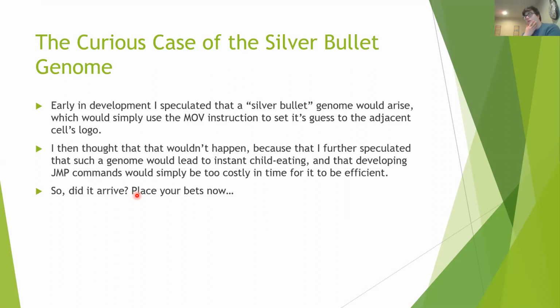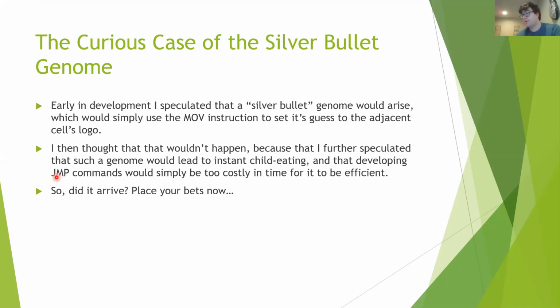But then I thought, no, that wouldn't happen, because that would lead to killing or eating all of your children, which sounds really bad, is tantamount to not having any children, which is tantamount to not reproducing and being a failure of a species. There really wouldn't be any way to avoid that, or so I thought, without having complex jump commands using the jump conditional, which would allow any prey to quickly get out of range.